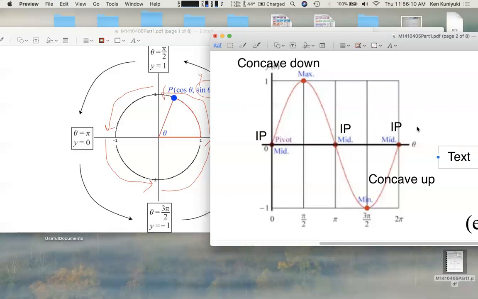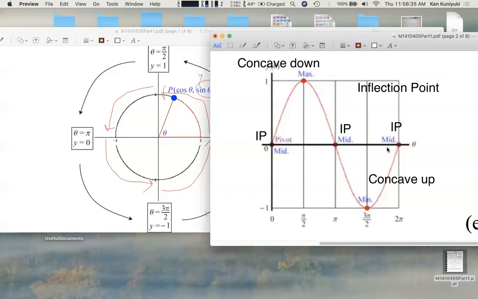It's called an inflection point. You see this in calculus. What is an inflection point? It's a point where you have continuity, there are no breaks, and the concavity is changing. So here at this inflection point at pi, the curve is going from concave down to concave up. That happens at all of these middle points. Right now, these are intercepts.